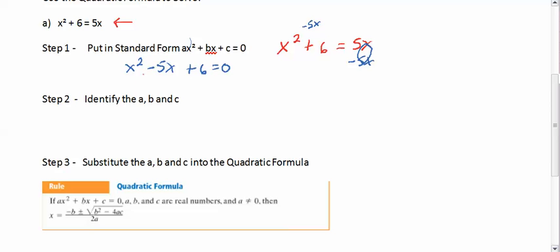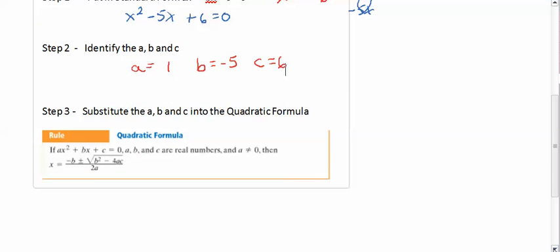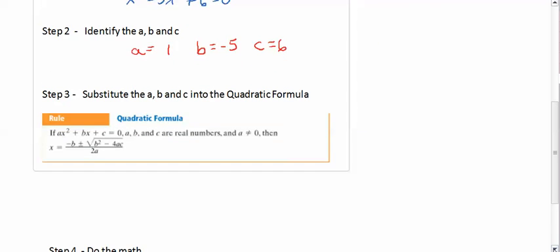The next part, step 2, identify our a, b, and c, and we've been doing this now for quite some time. Our a is 1, our b is negative 5, and our c is 6. Okay, so now we're going to take that a, b, and c and substitute it into the quadratic equation. And again, I just recopied the quadratic equation.